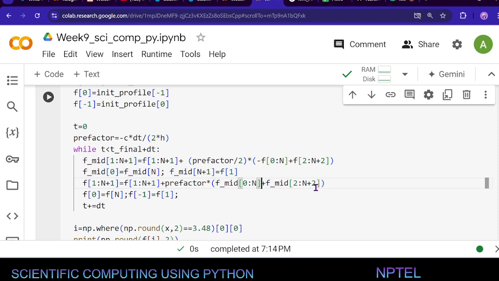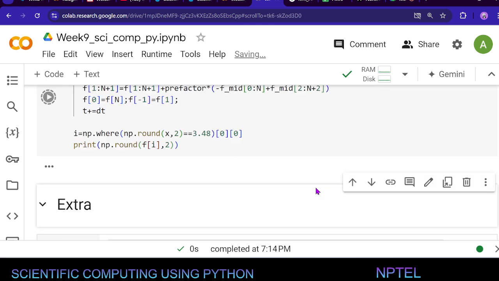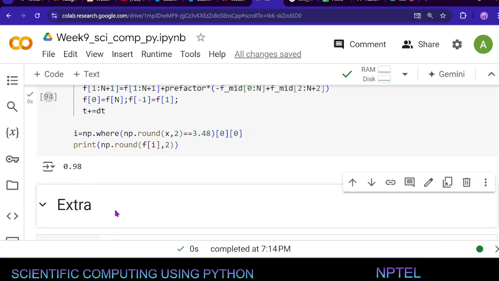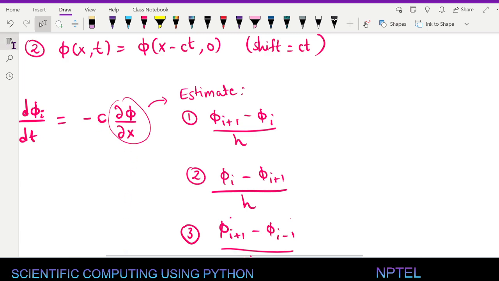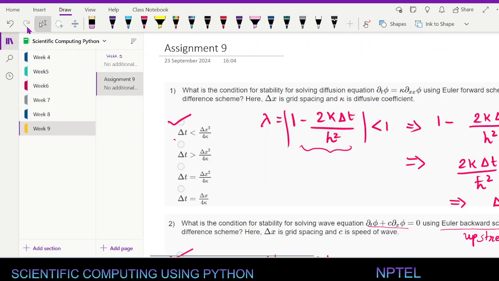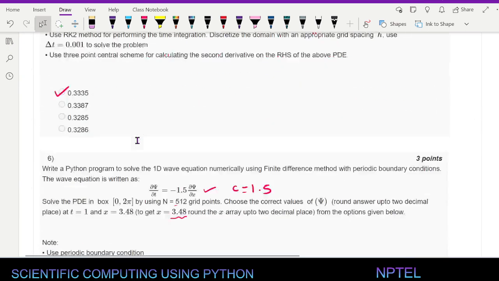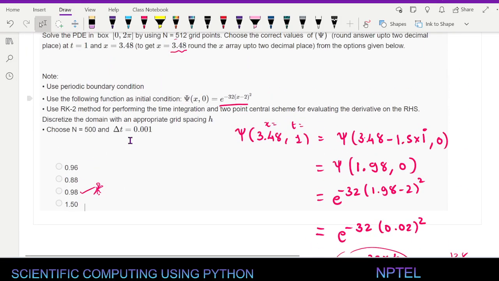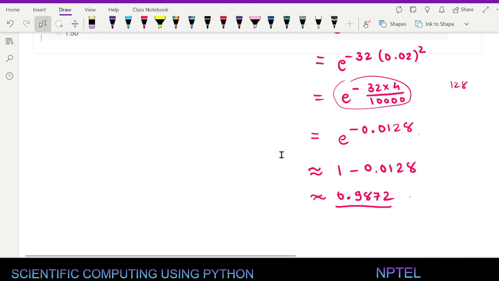So the wave went leftwards, so there was nothing at the center. Yeah, now it gives 0.98, which was one of the options, right? Okay, so the answer is 0.98, which is what we got using pen and paper also. This is not the exact answer, okay?